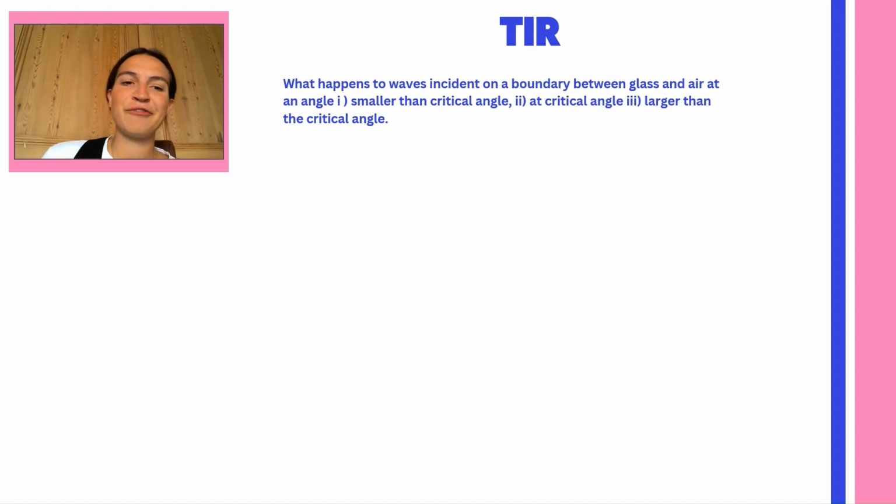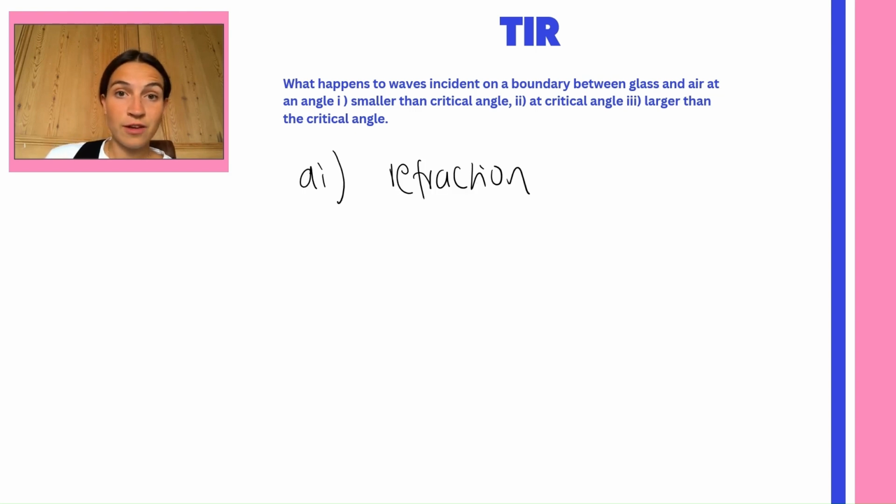Okay, total internal reflection. What happens to waves incident on a boundary between glass and air at an angle which is I, smaller than the critical angle, II, at the critical angle, or III, larger than the critical angle? So first, if your angle is smaller than the critical angle, you will just get some normal refraction out of your glass into the air, and your light will bend away from the normal.